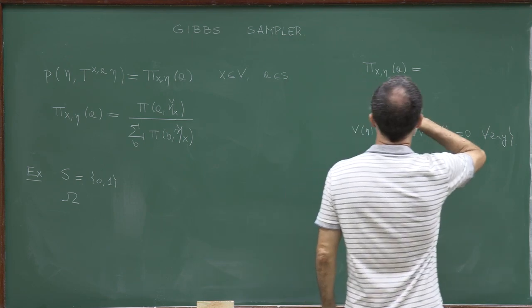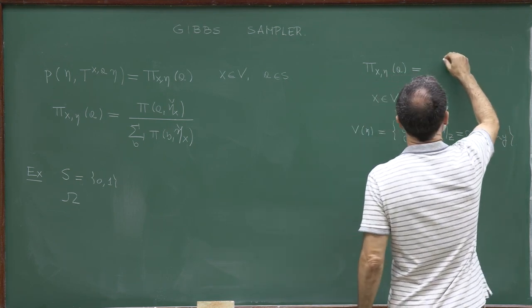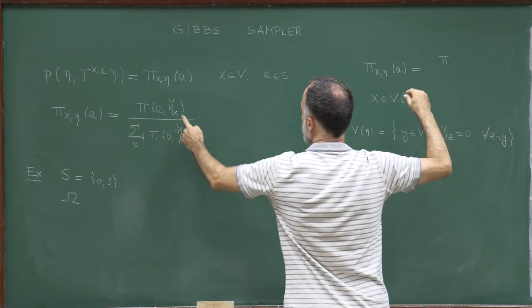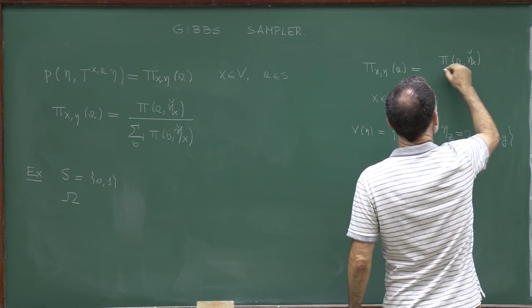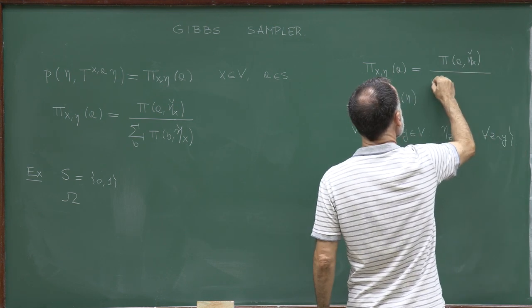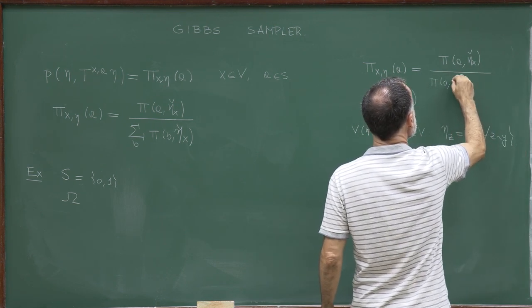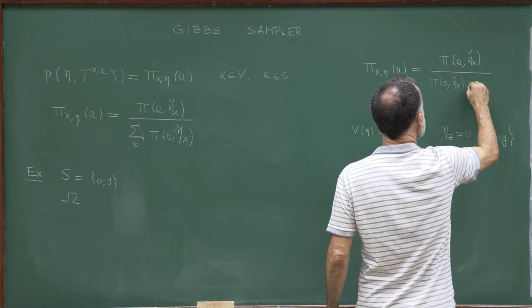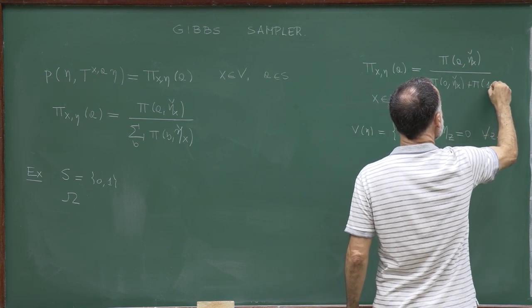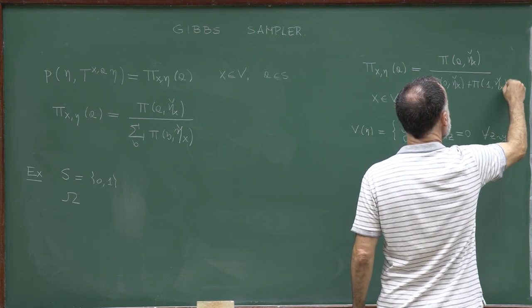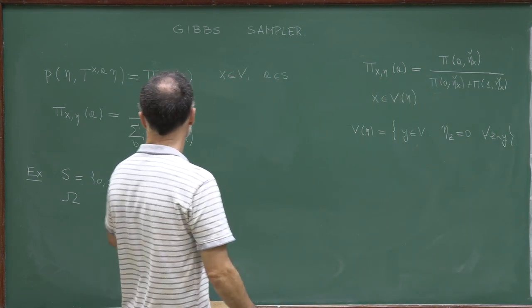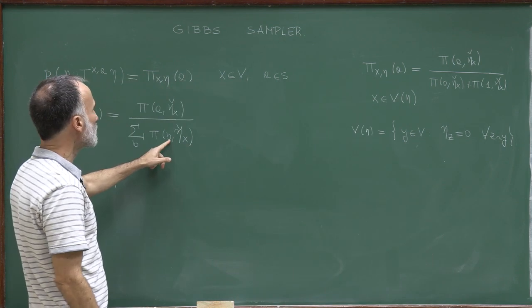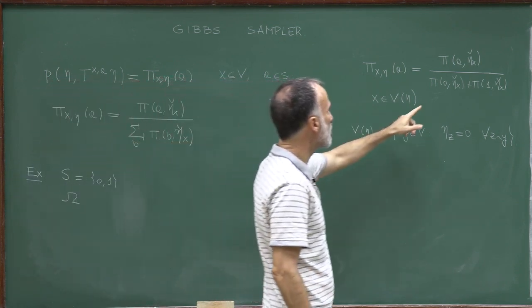And so this pi of x will be pi a eta x ch divided by pi 0 eta x ch plus pi 1 eta ch. Right? Because, well, there are only two possible values for each spin, either 0 or 1.